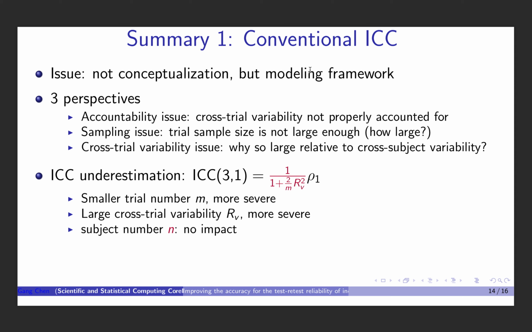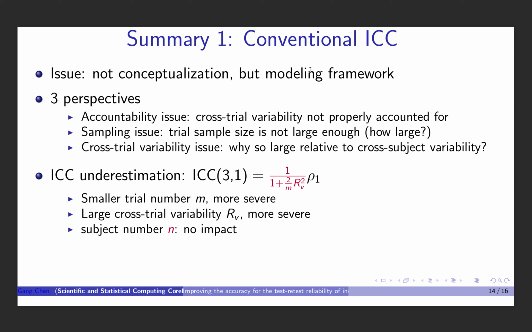Quantitatively, the traditional ICC underestimation can be expressed as a linear function of the true ICC value, with a proportion that is less than 1. That's because there are two parameters, the trial sample size and the cross-variability ratio. Those two parameters play an important role for the underestimation.